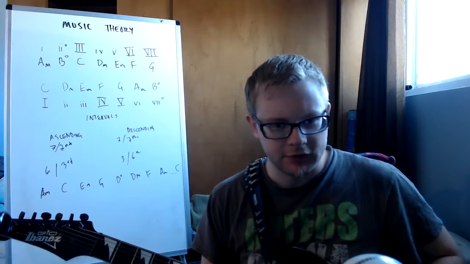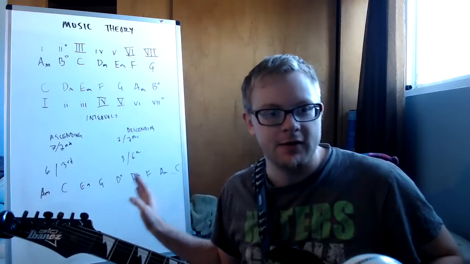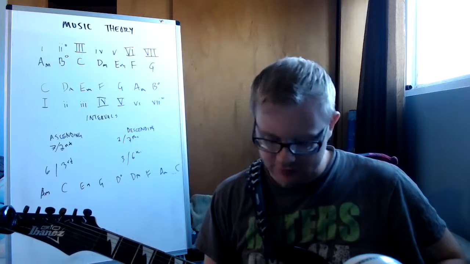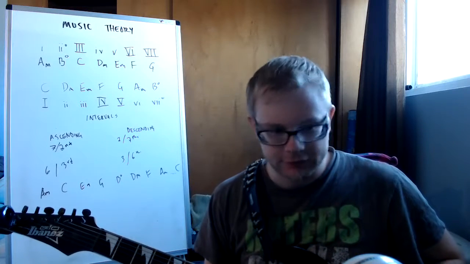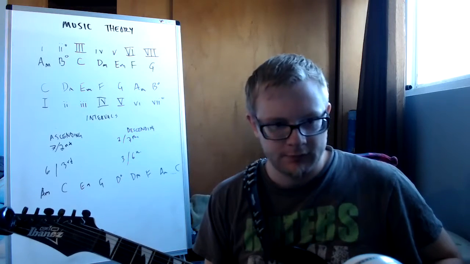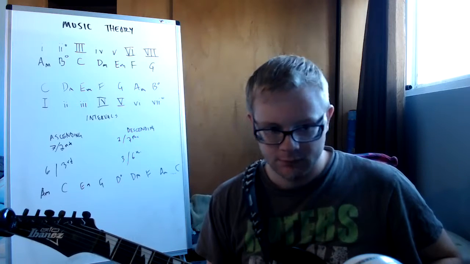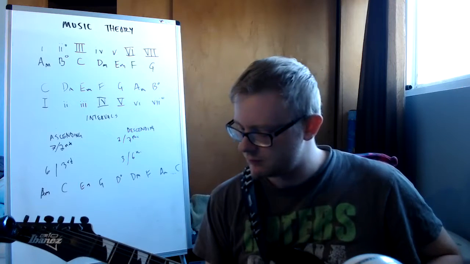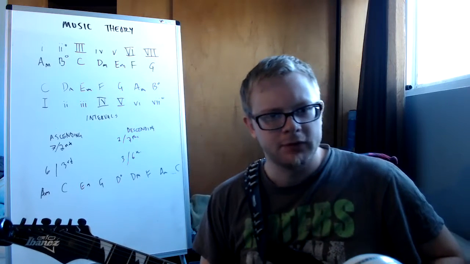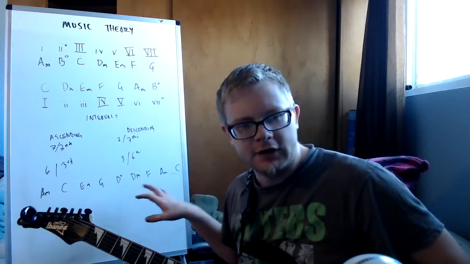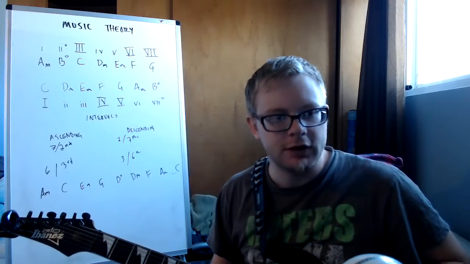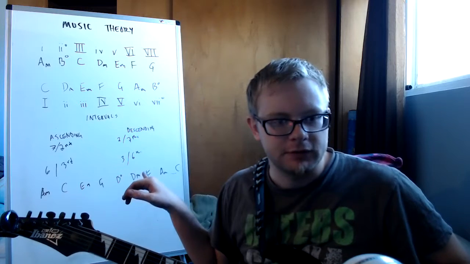So let's try that one more time, us descending by thirds. Okay, so that sounds really nice. Ascending and descending by thirds. You can make chord progressions with this, and it's again the same thing as sixths.